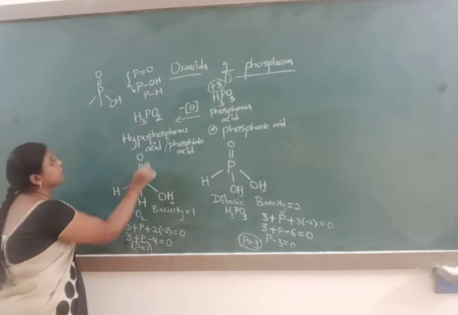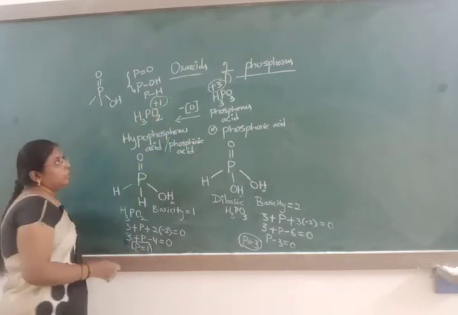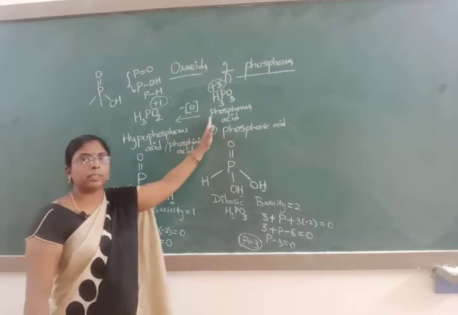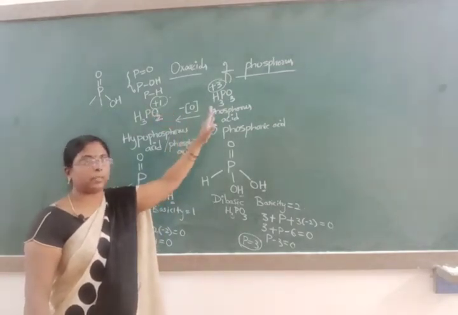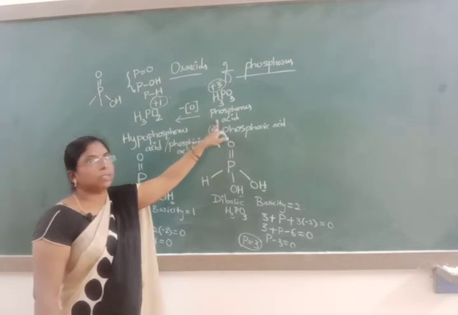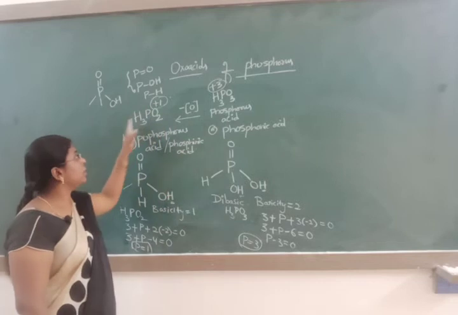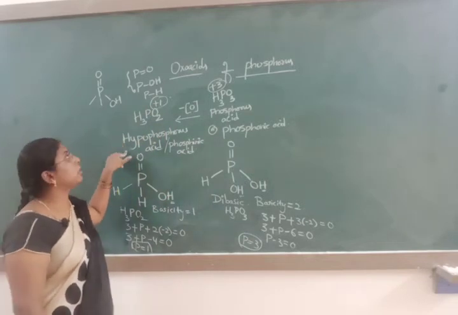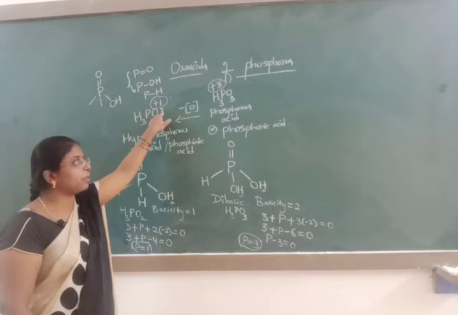The oxidation state of this one is plus 1. Phosphoric acid has the higher oxidation state, phosphorus acid has plus 3, and lower than that we write hypo. Here the oxidation state of phosphorus is only plus 1.